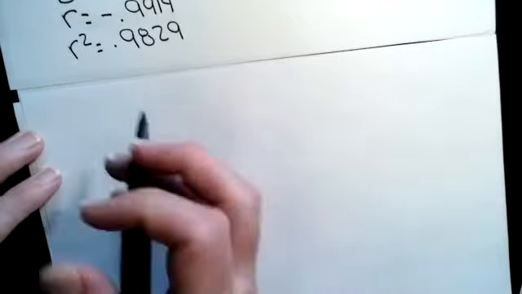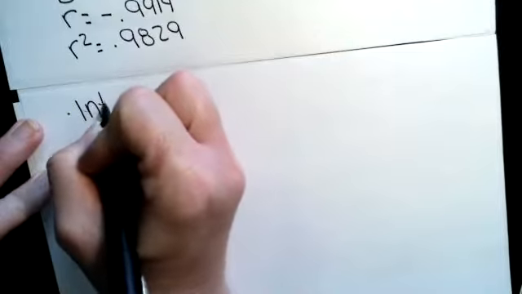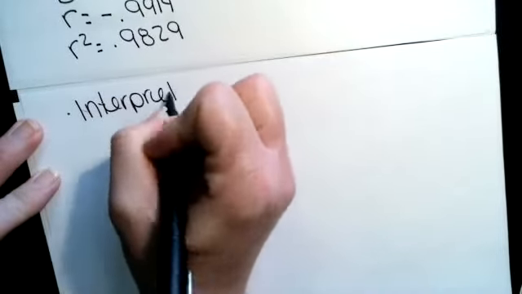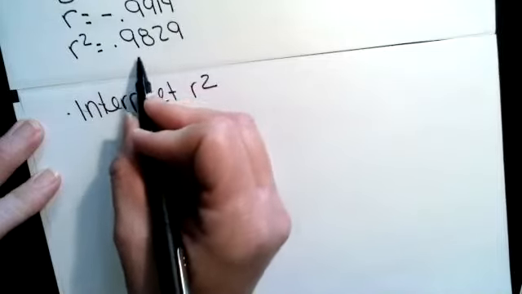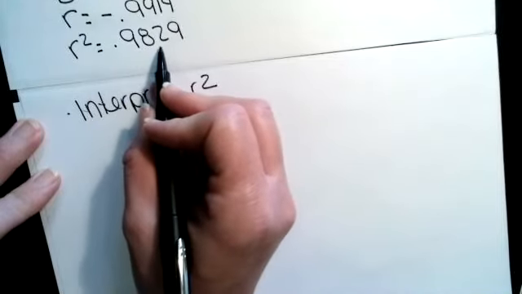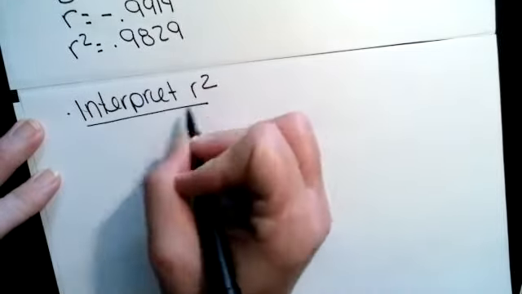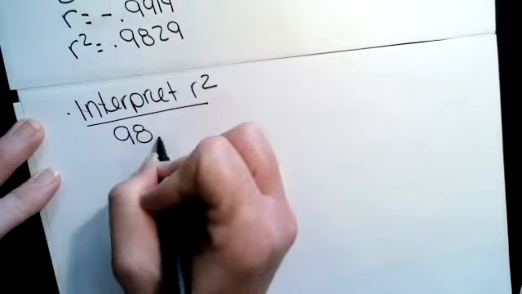Like we mentioned, r squared is this 0.9829. So let's interpret this value. If we're going to interpret r squared, we're going to change this into a percentage. So I'm just going to move the decimal place over to the right 2, and I'm going to say 98.29%.